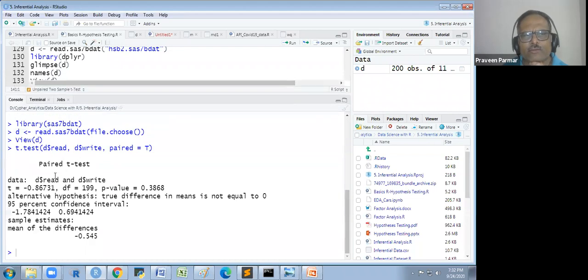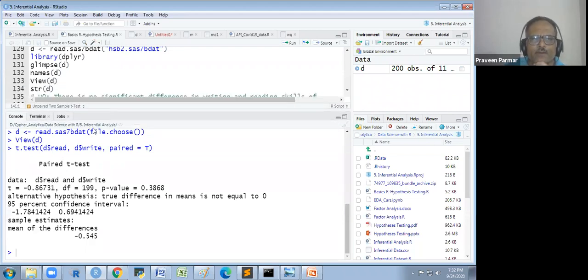So I will get these values over here. This is the paired t-test, and this is the t value. This is our DF, degree of freedom, 199 out of 200, n minus 1 in the paired test. P value is 0.368. Is our null hypothesis accepted or rejected?